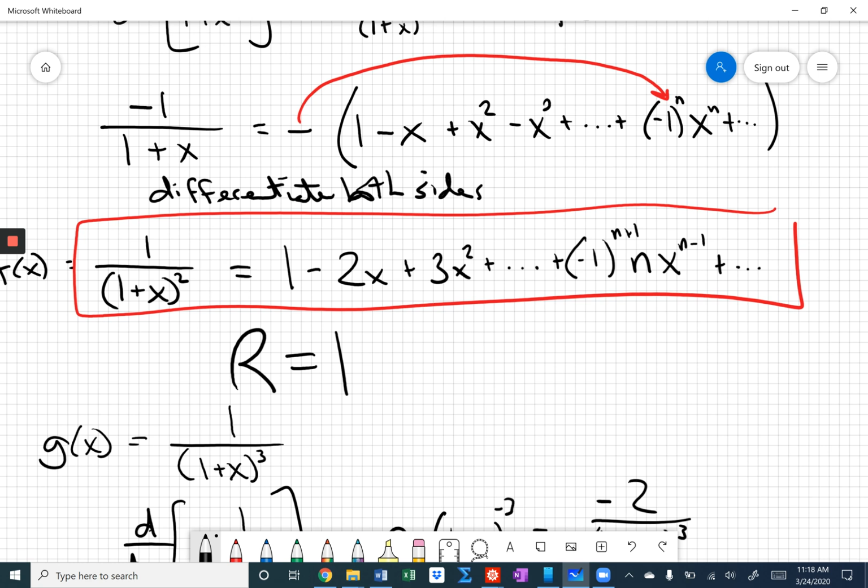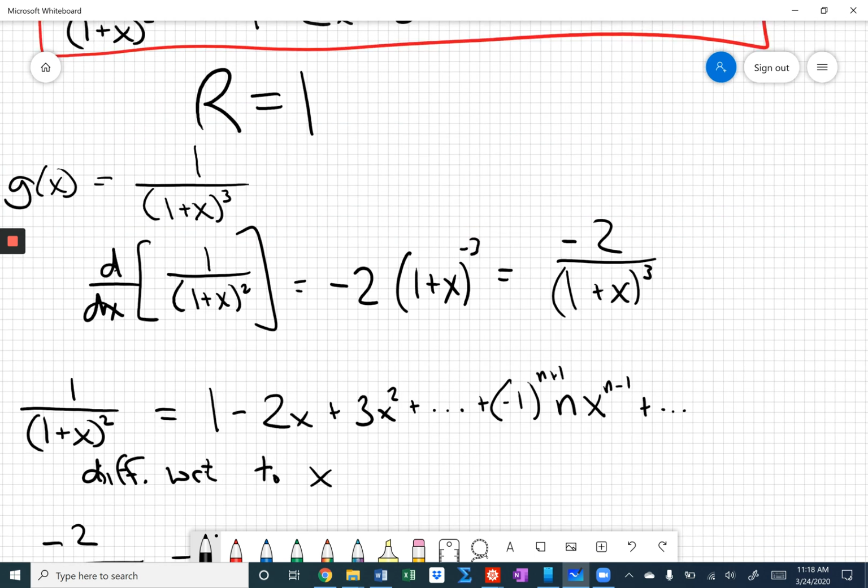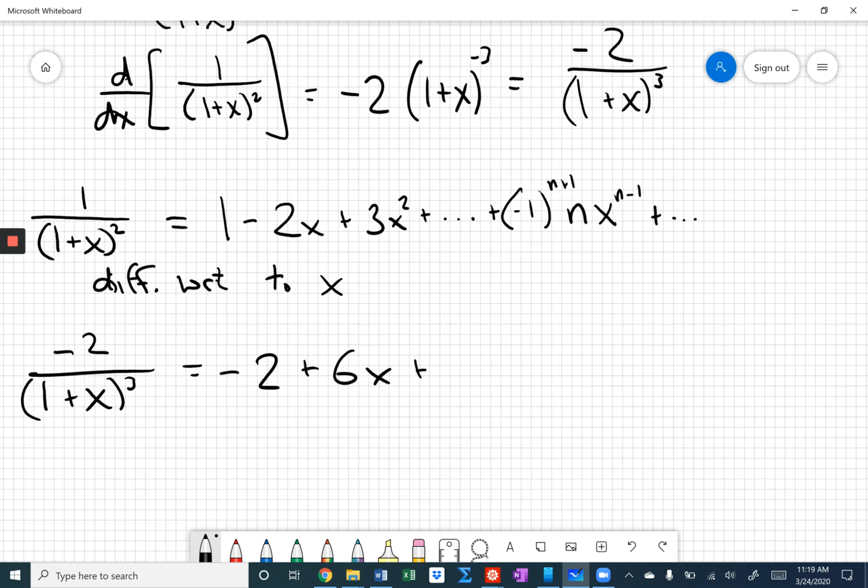Up here, I would have had a negative x to the fourth, so it should be a -4x cubed as the next term here. -4x cubed is going to become minus 12x squared. Plus dot dot dot plus -1 to the n plus 1 n times n minus 1 x to the n minus 2 plus dot dot dot.